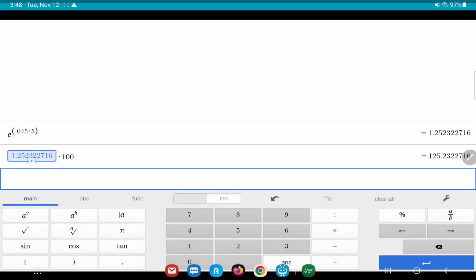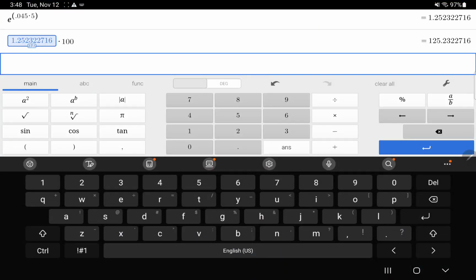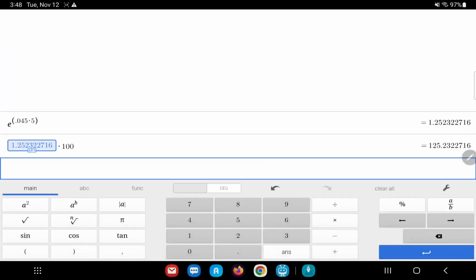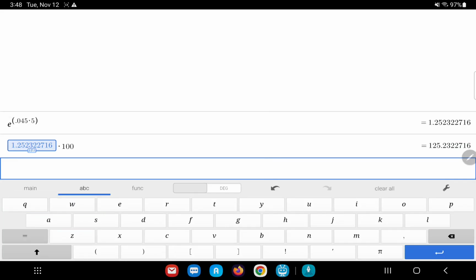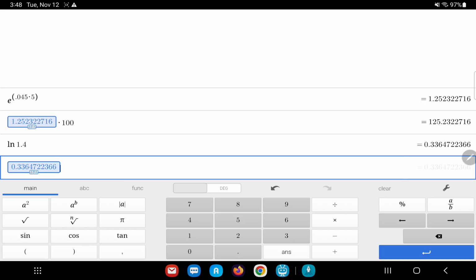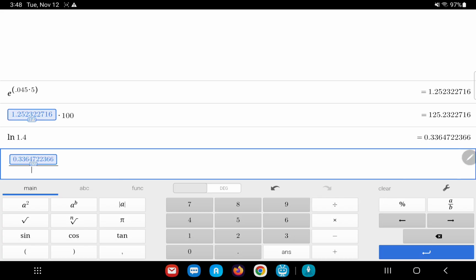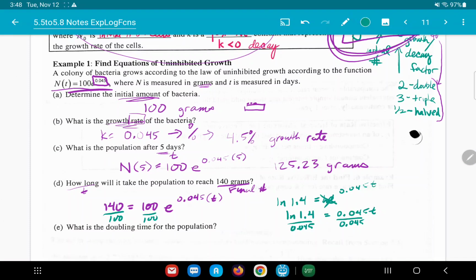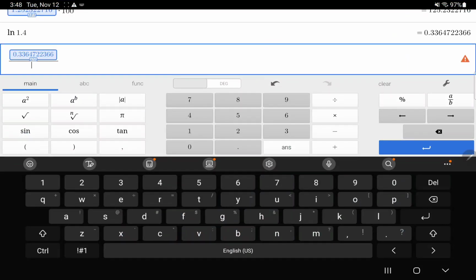Let's go back to our calculator. I'll just type it in, ln of 1.4. And then this answer right here is going to be divided by, oh, my memory is terrible, 0.045, that's right.